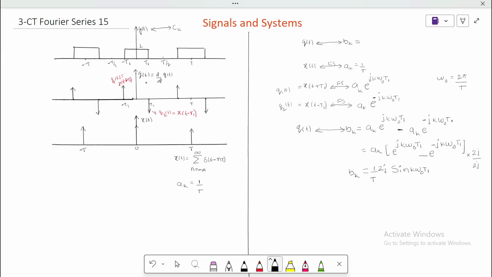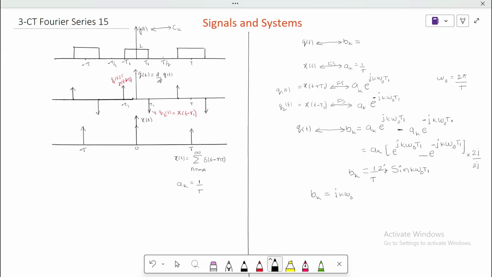This q of t is the differentiation of g of t. So the Fourier series coefficient of q of t, bk, equals jk omega naught multiplied by ck, since differentiation multiplies by jk omega naught.